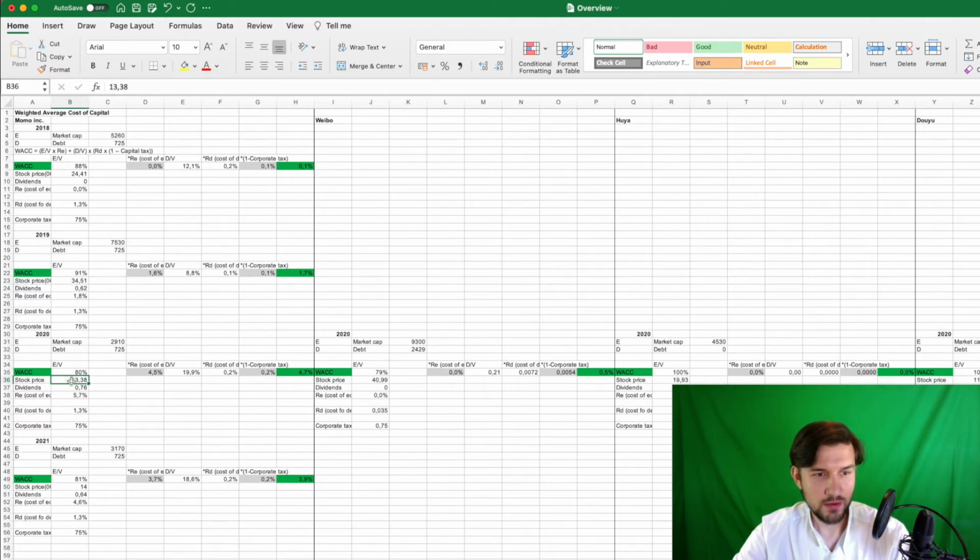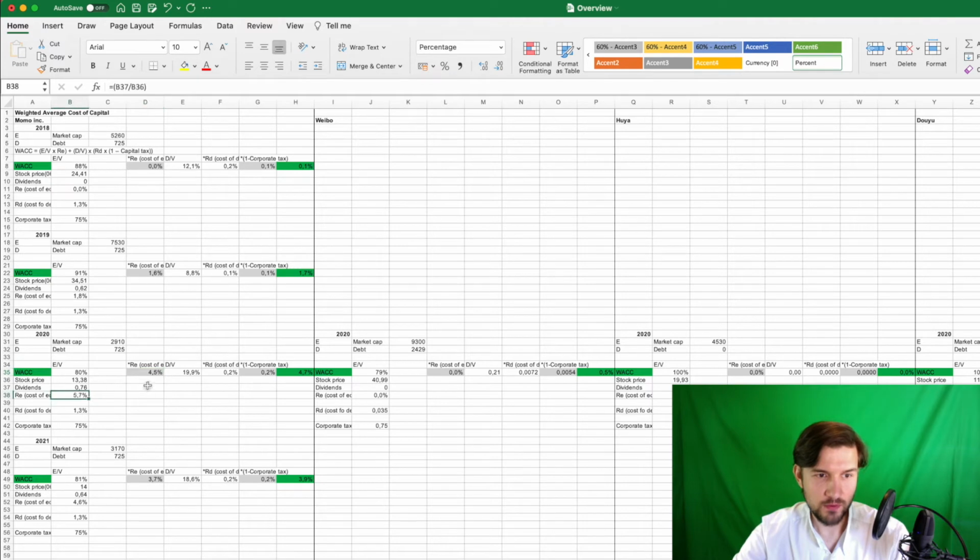So the stock price of Momo Inc. at the end of 2020 was $13.38. The dividends paid in 2020 were 76 cents. I calculated real quick, percentage-wise, the dividends represent 5.7% in 2020.